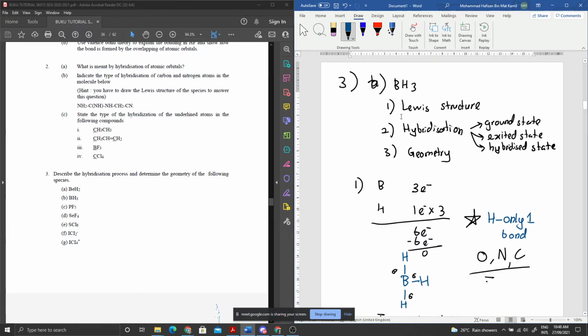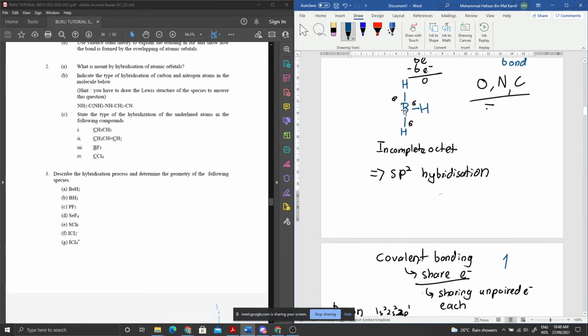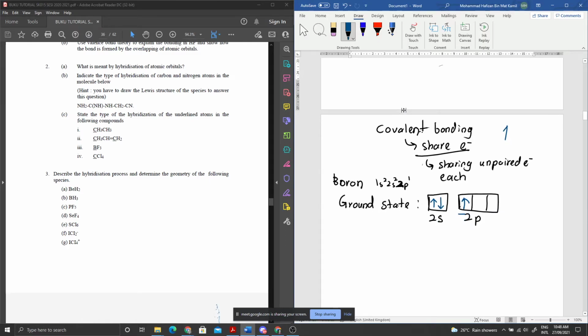Macam mana satu boron ni nak have 3 unpaired electrons untuk ketiga-tiga hydrogen ni? Mana dia nak dapat? So that is when kita perlukan hybridization. So you tulis untuk description you ceritalah ada berapa electrons dekat 2s, dekat 2p macam hari tu. So sekarang saya just lukis saja.